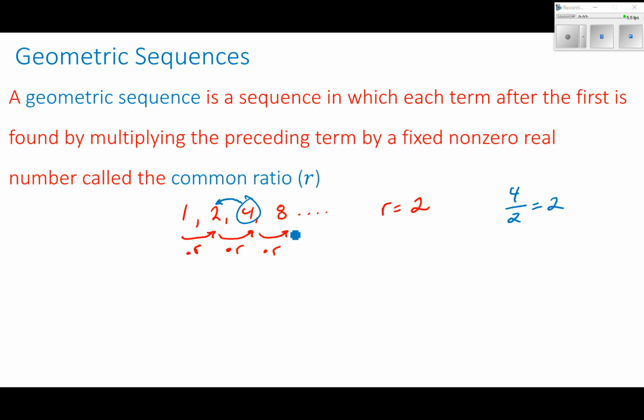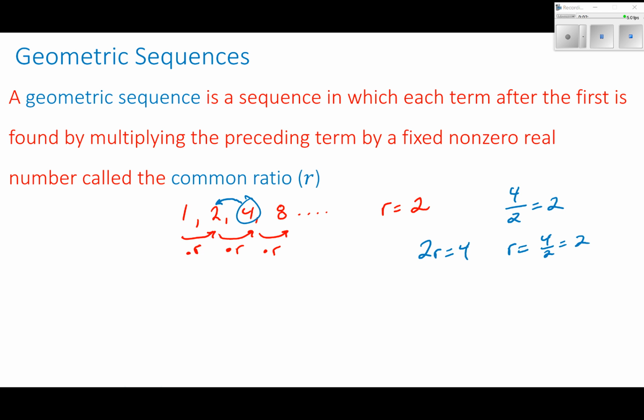Instead of multiplying, I can think of dividing to undo it. I really had 2 times r equals 4, so r had to be 4 divided by 2, which was 2.